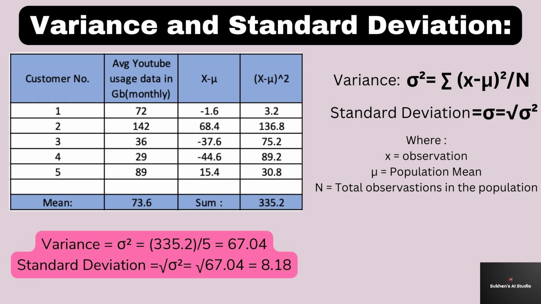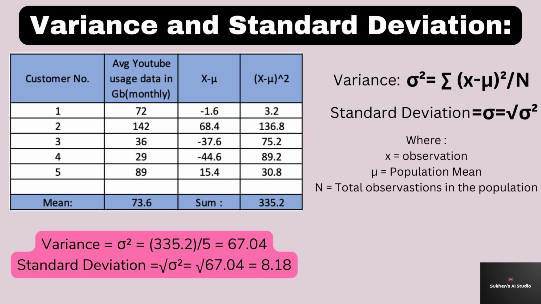When we sum it up, it turns around 73.6 GB. When we subtract each data point from the mean, we get x minus mu. In the last column, we have squared the differences of each data point from the mean. When we sum these squared differences, we get 335.2 as sum, which when divided by the number of customers, we get the variance as 67.04.